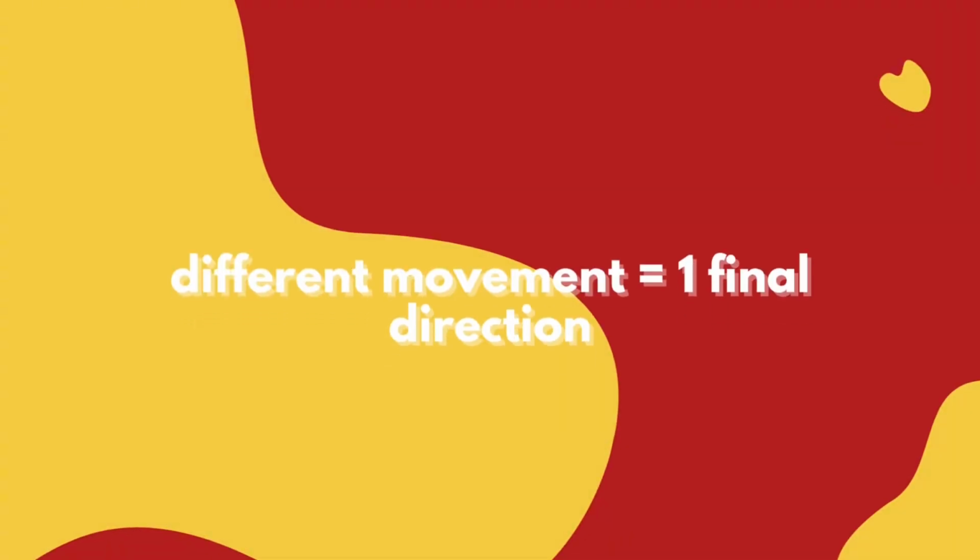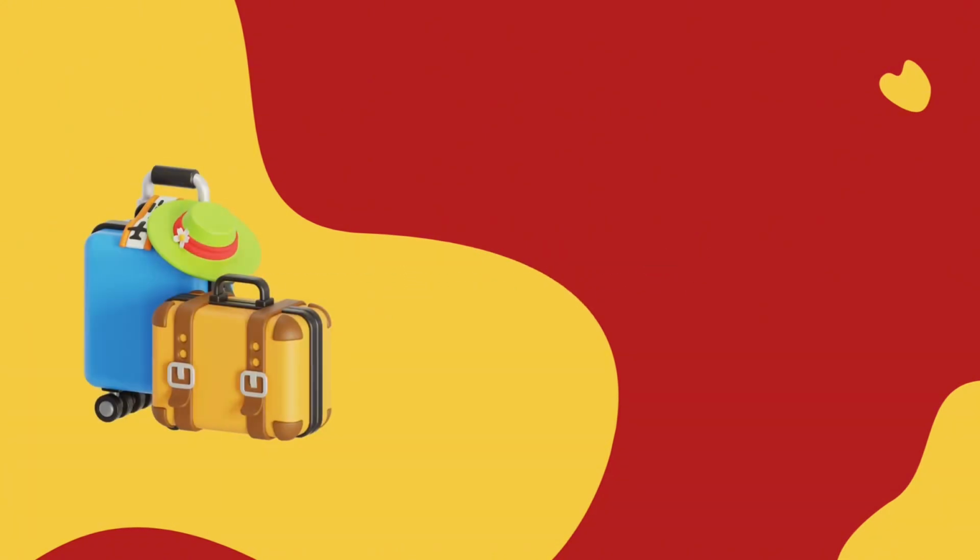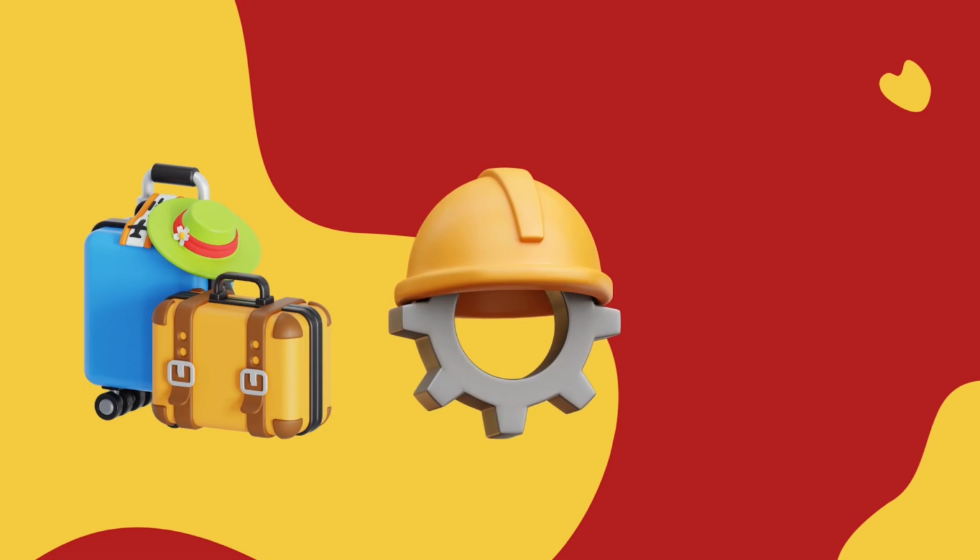We can also subtract vectors, like taking a shorter route back, or multiply them by scalars to change the speed or intensity without changing direction. Vector operations help us combine different movements into one final direction, which is super useful in traveling, engineering, and even gaming.